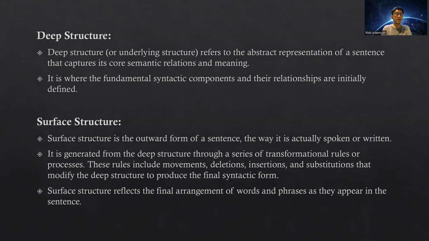It is generated from the deep structure through a series of transformational rules or processes. These rules include movements, deletions, insertions, and substitutions that modify the deep structure to produce the final syntactic form. Surface structure reflects the final arrangement of words and phrases as they appear in the sentence.